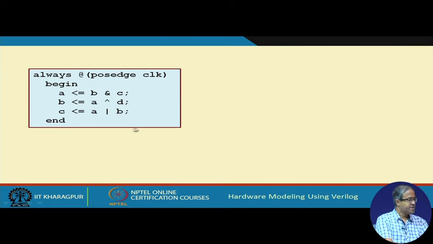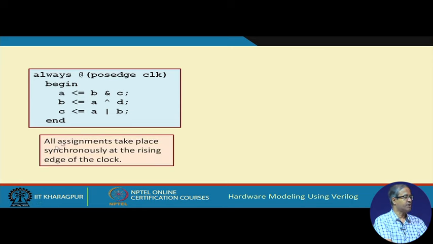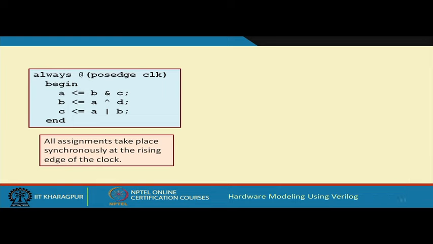So, this is a more common way where we use this kind of non-blocking assignment with a clock. This statement means whenever there is a positive edge of a clock, you compute these expressions and assign them to these variables concurrently. So, all assignments take place synchronously at the rising edge of a clock. You see, this is quite natural from hardware point of view, because in any hardware register there is some kind of a clock signal.